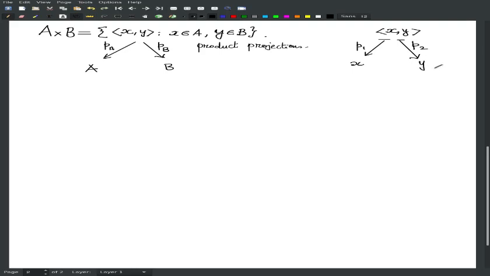Right? So we have the first part of the diagram.